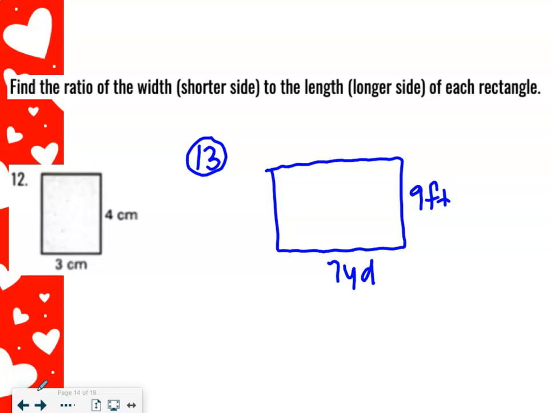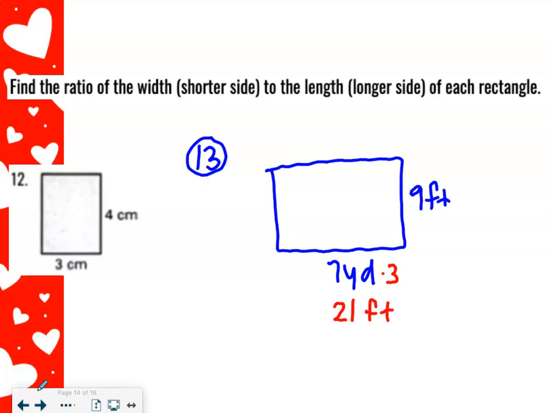Okay. And it says, find the ratio of the width, the shorter side, to the length, the longer side of each rectangle. But before we can do that, are my units the same? No. But I know that there are 3 feet in a yard. So I'm going to take this times 3. And now I'm going to have 21 feet.